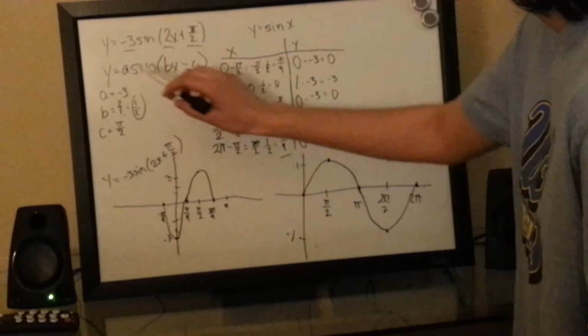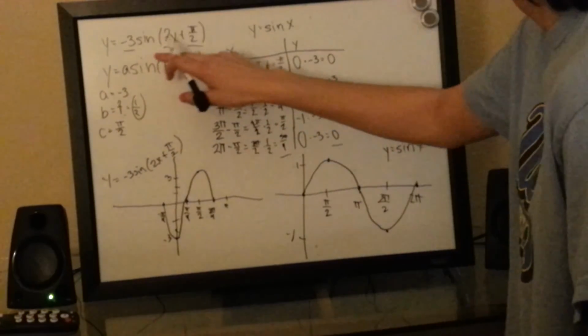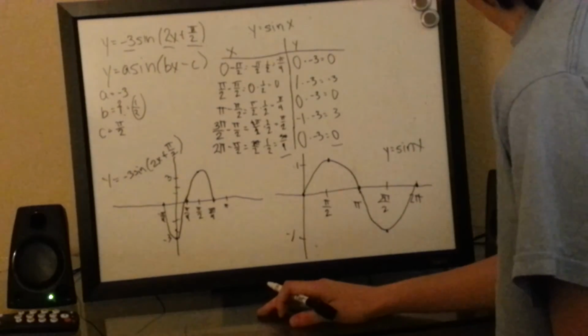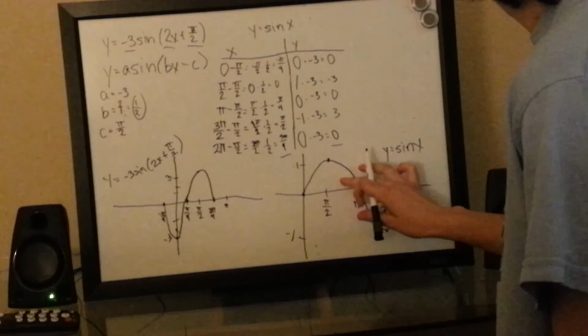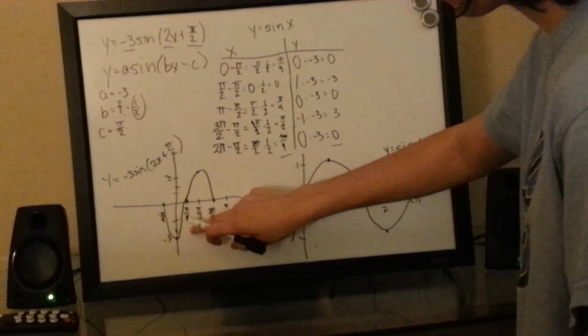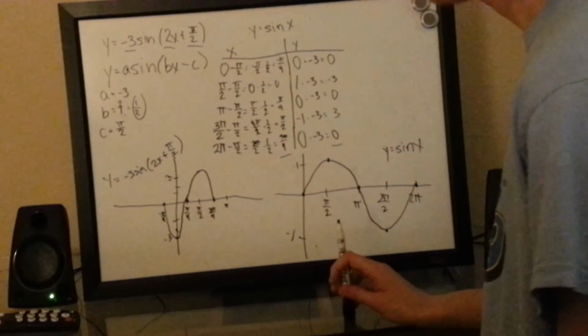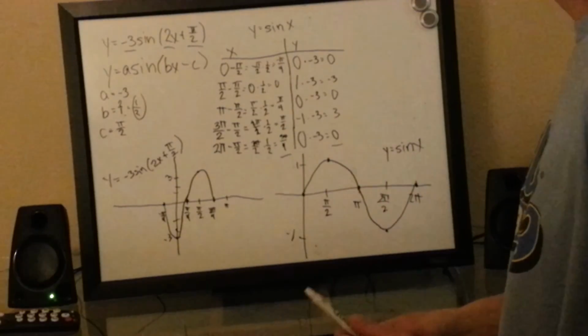These are all because of the A, B, and C values that translated our parent function graph into what we finally got. And that's how you graph a trigonometric function.